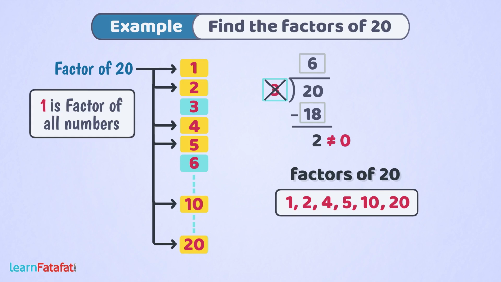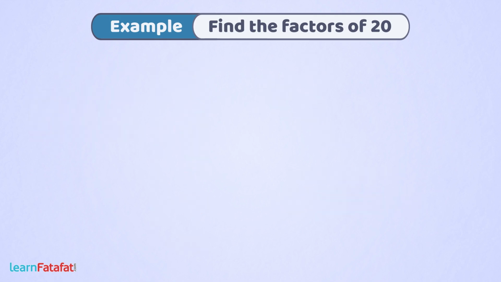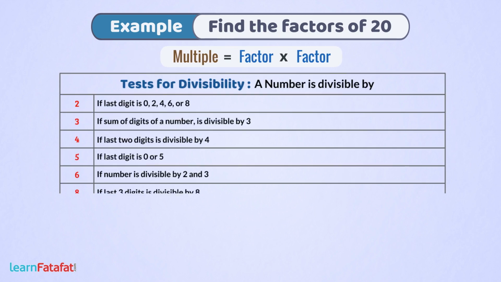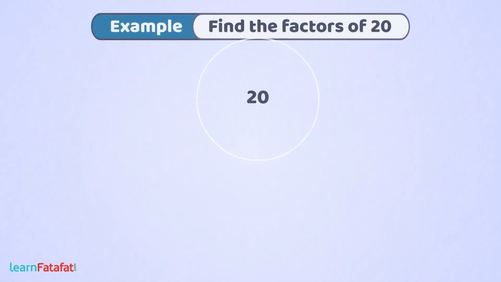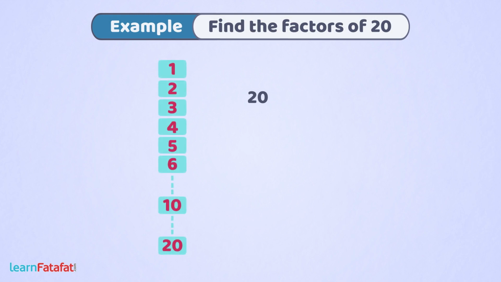This is one way of finding the factors, but it is not an easy way as it is lengthy. A more easy method is writing the factors in product form. For that, the divisibility rules are very useful. Write 20 and take the first number 1.